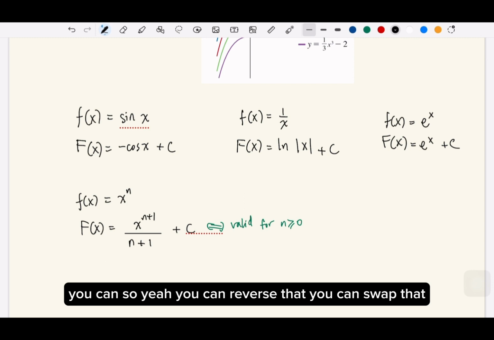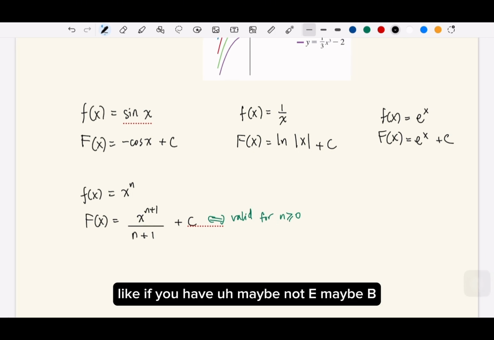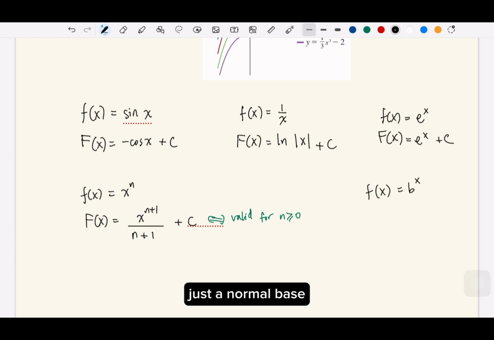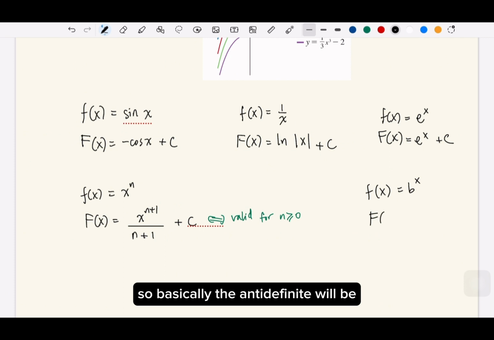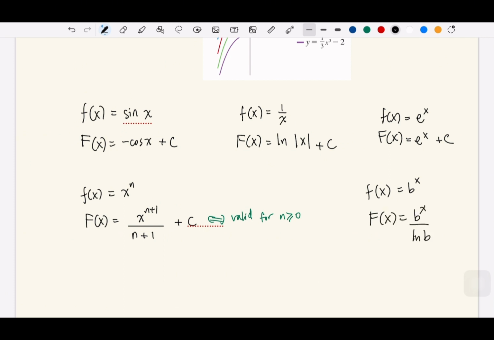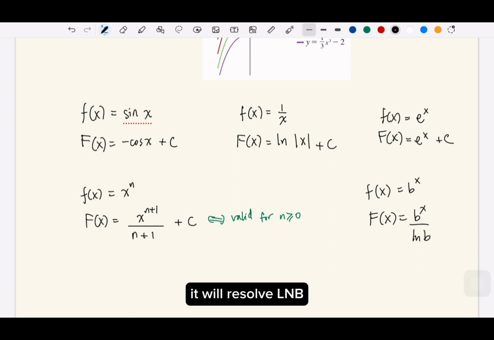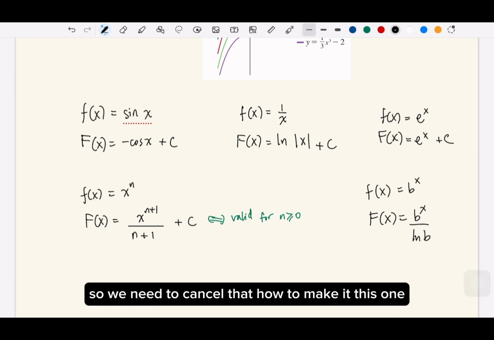You can swap that. Like if you have maybe not e, maybe b, just a normal base, then the antiderivative will be b to the x over ln b. This ln b is because if we derive this, it will result in ln b, so we need to cancel that out to make it this one.